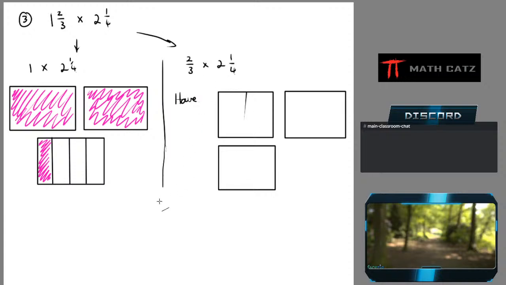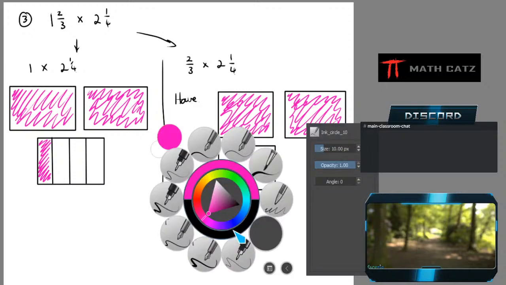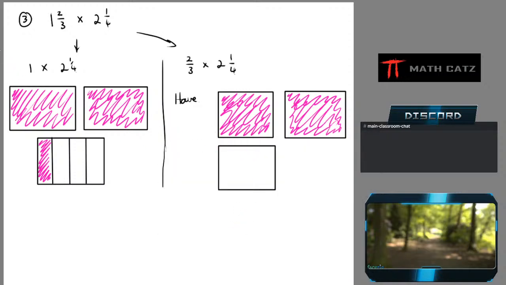Whoops. I don't need to color it at this stage, right? I mean, I don't need to split it up. I have all of this, all of this, and some of the last one. So let's definitely split that one up.